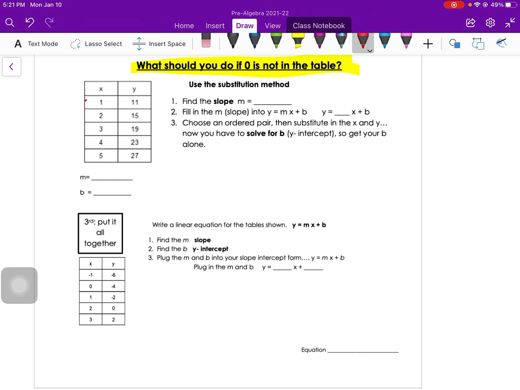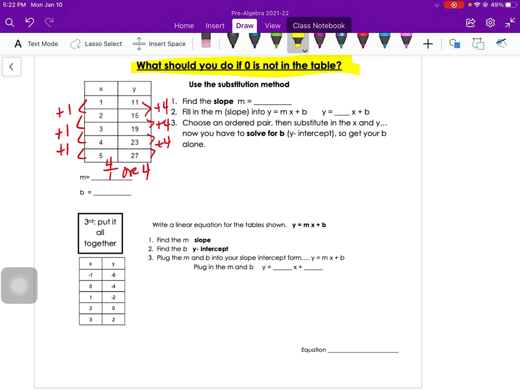So I'm going to start by doing change in x, change in y, looks like is plus 4. Just make sure that pattern is consistent all the way down your table. So it looks like my slope is 4 over 1, or you can just write that as 4.